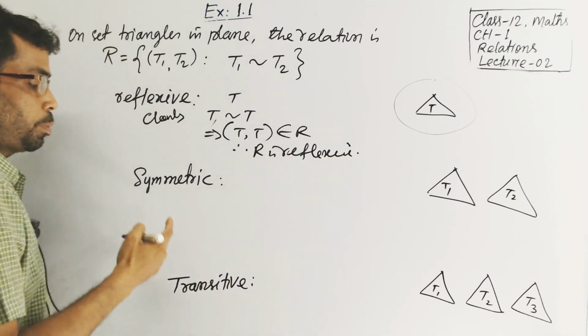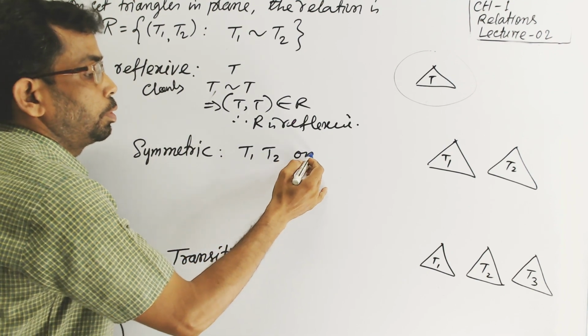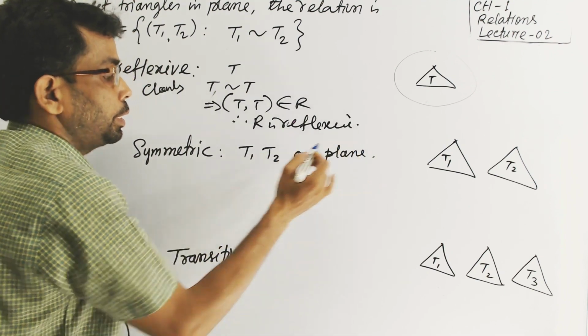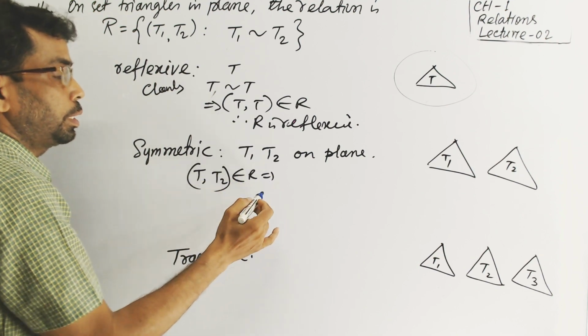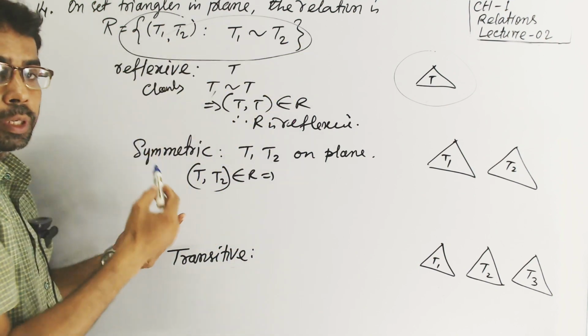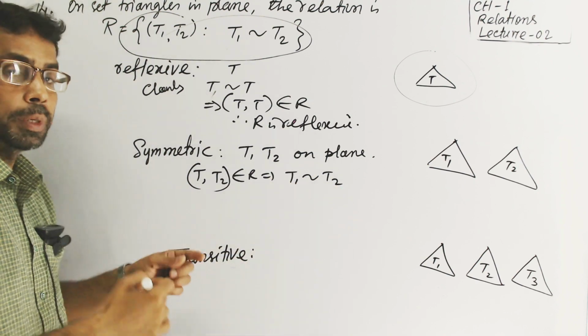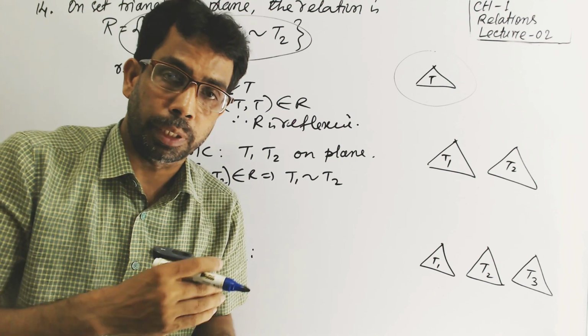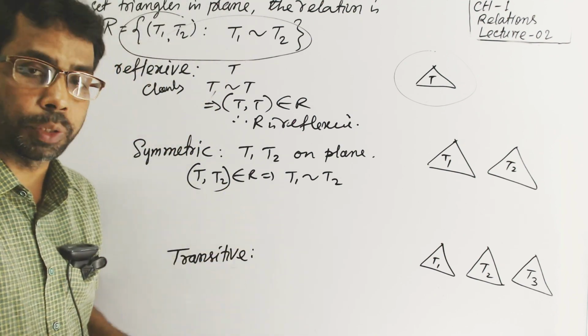To explain symmetric, we consider two triangles T1 and T2 on a plane. If the pair T1, T2 is in the relation, then according to the definition of the relation given, the two triangles must be similar. Similar triangles means sides are proportional, but here we are not going to show mathematical calculations, we are only giving logical explanations.